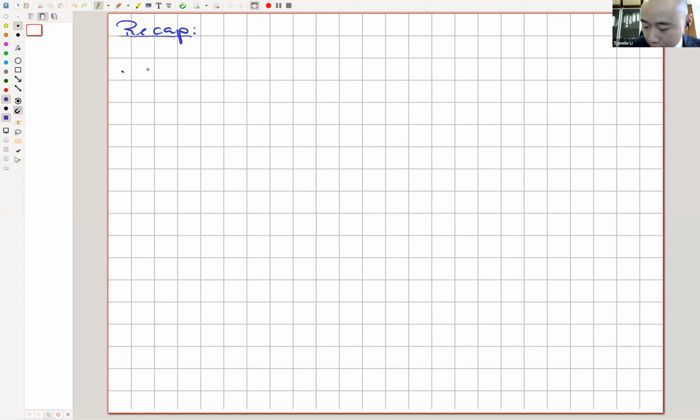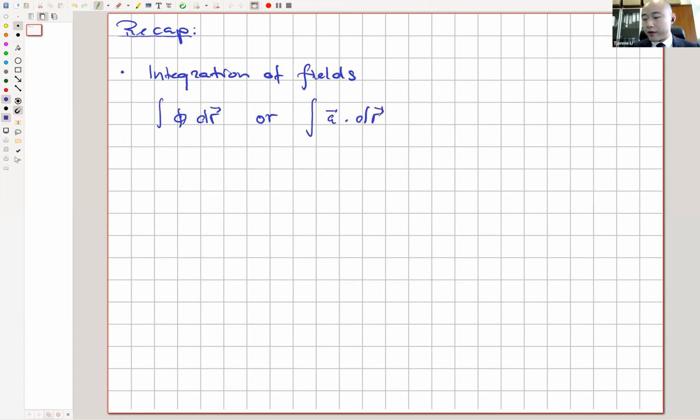If we think about it in terms of integration of fields, we consider, for example, path integrals, where phi is some scalar field, or path integrals of a vector field, in this case a dot product with a line element, or even a cross dr.